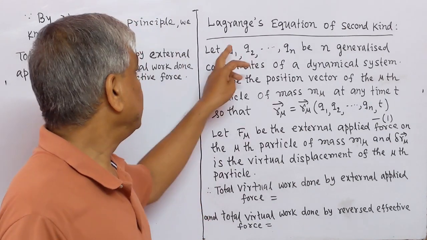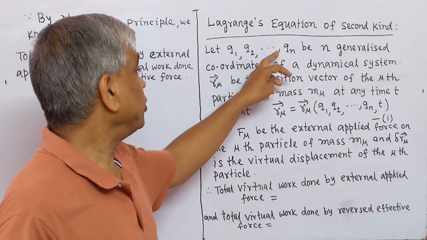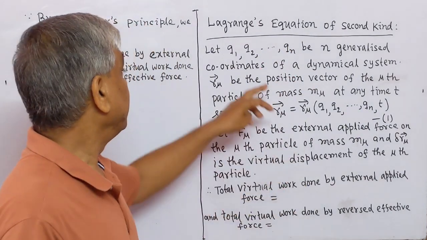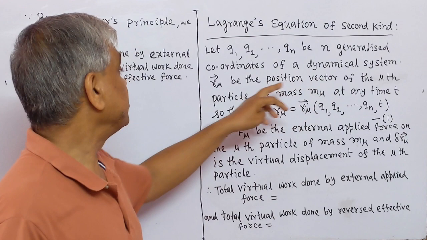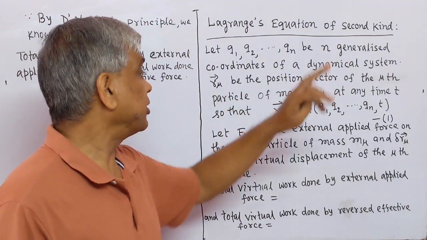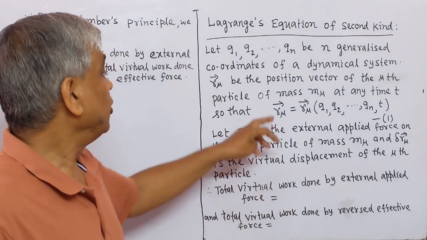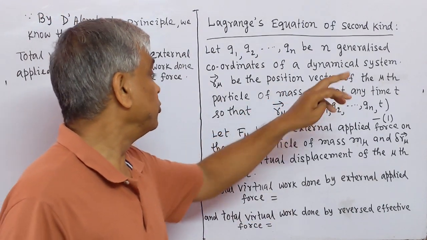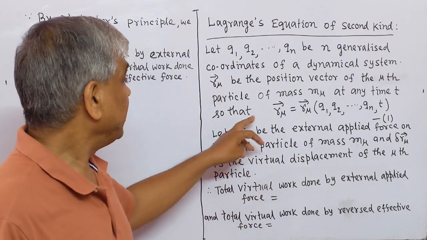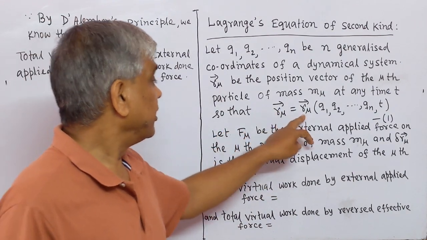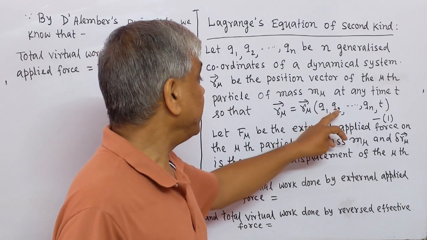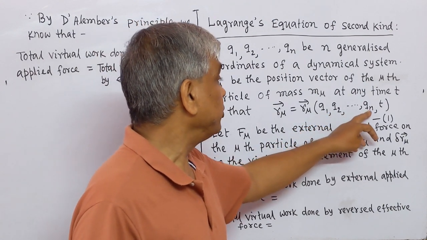Let q1, q2, ..., qn be n generalized coordinates of a dynamical system. Let R mu be the position vector of the muth particle of mass m mu at any time t, so that the R mu vector is a function of generalized coordinates q1, q2, ..., qn, t.